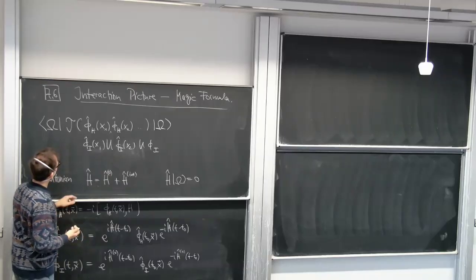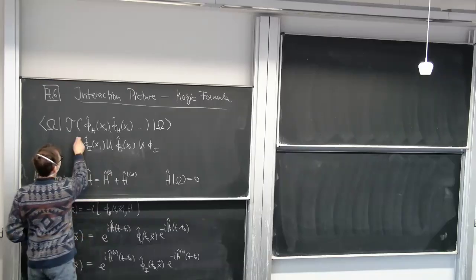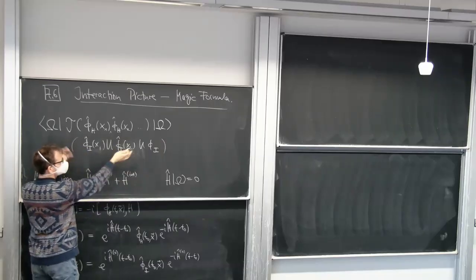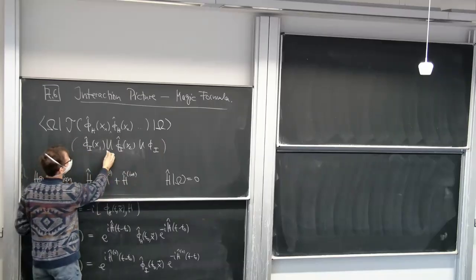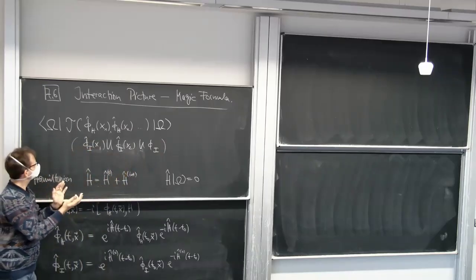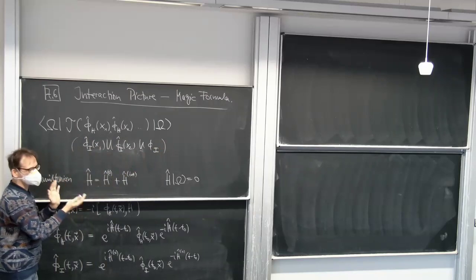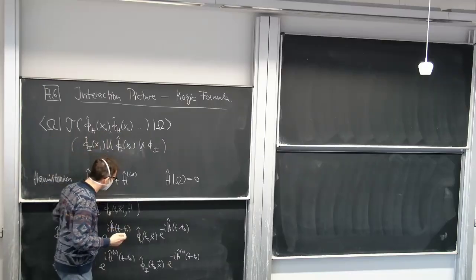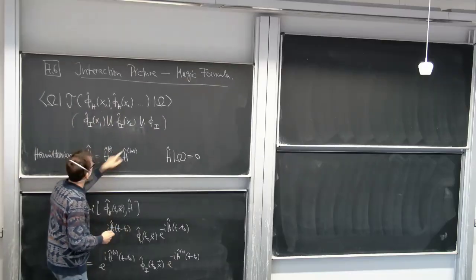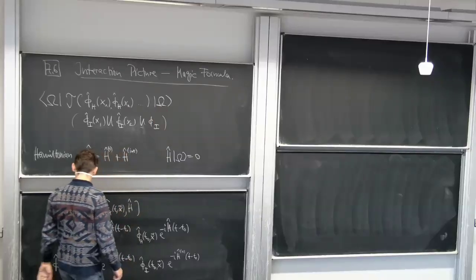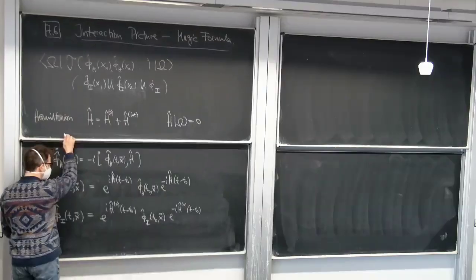And now there's a time ordering all around it. And so I can push these things around, and all the U's that come here, I'll be able to join. So there will in the end just be one single U, which does the time evolution from the very first to the very end. And it even involves this vacuum too.